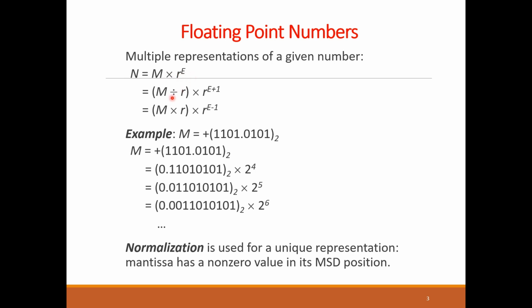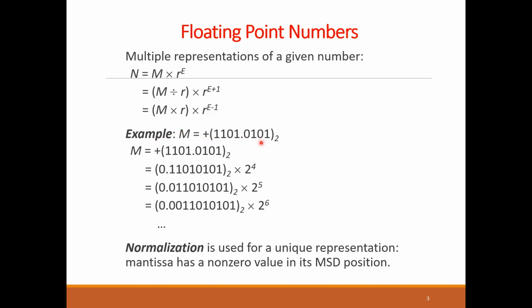The same number we can represent like this: m divided by r, because we are dividing by r, we will be adding that here, r to the power e plus 1. Or we can represent it like this: m times r multiplied by r to the power e minus 1.